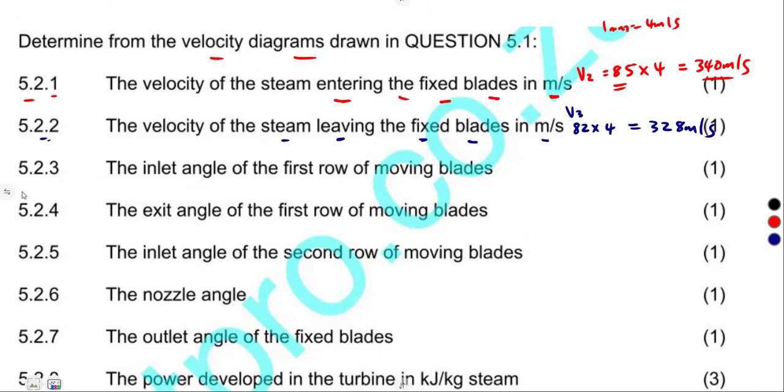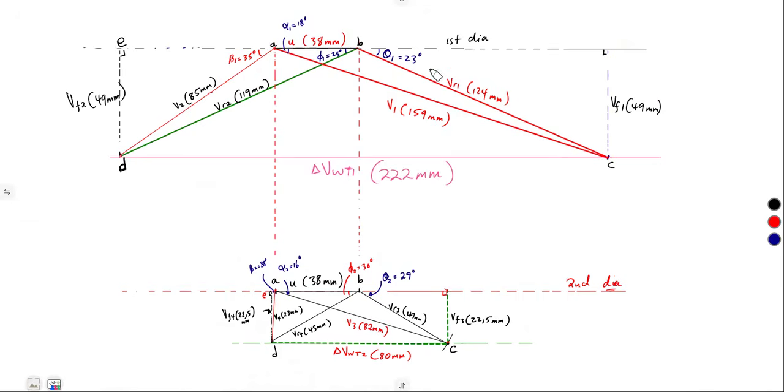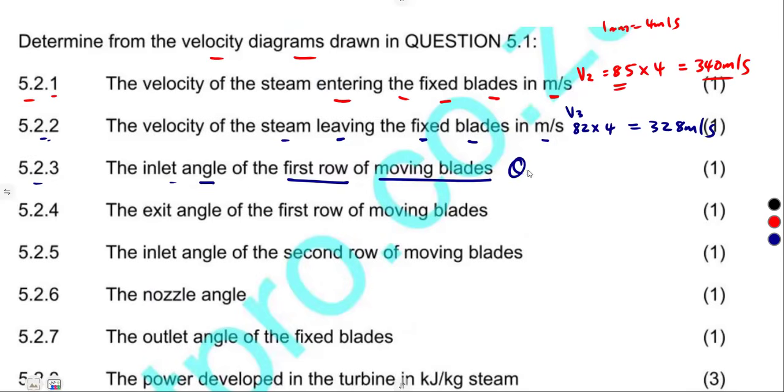So that's our V3. The inlet angle of the first row of moving blades, in the first diagram, the moving blades at point B, the inlet. So that's our angle theta 1, 23 degrees.